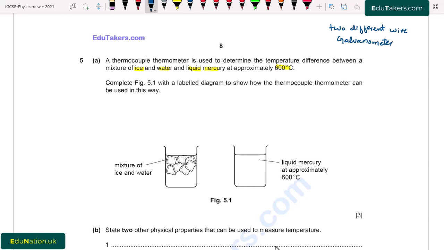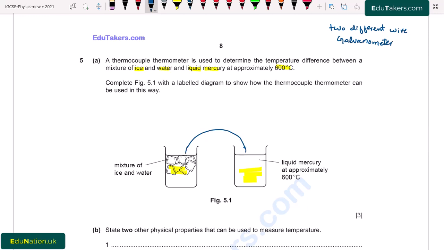This will be drawn in such a way that one end of this wire will be on the left side, while the second end will be on this side. So I draw the first wire here.